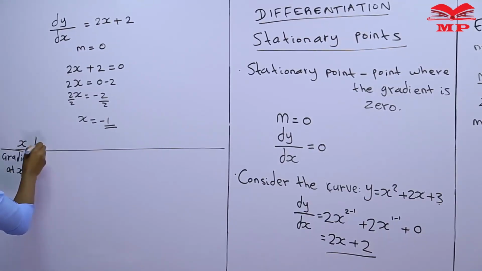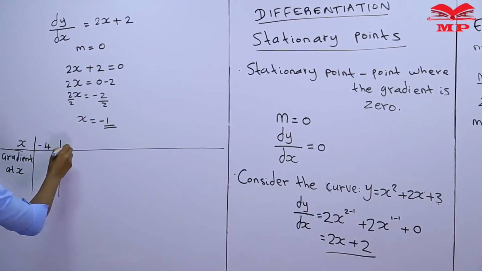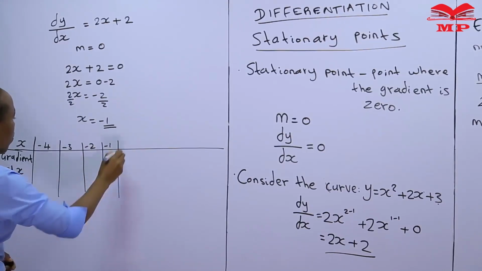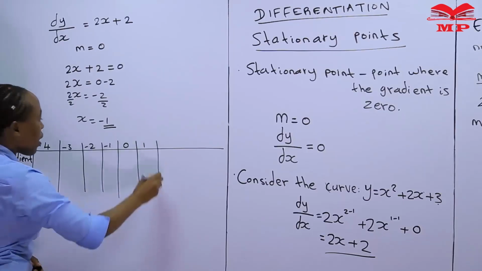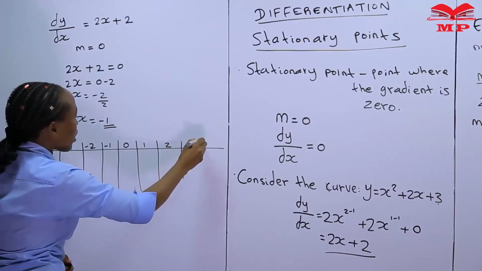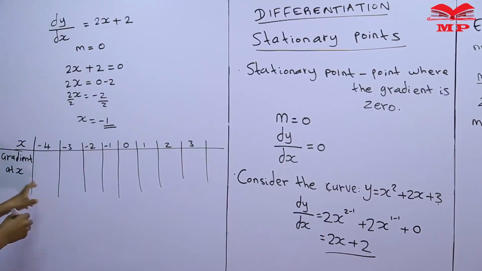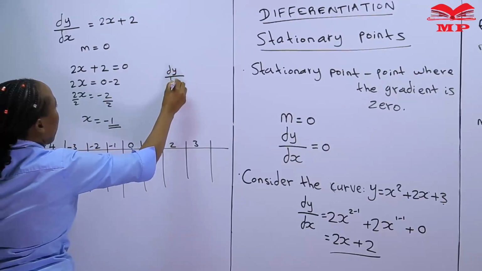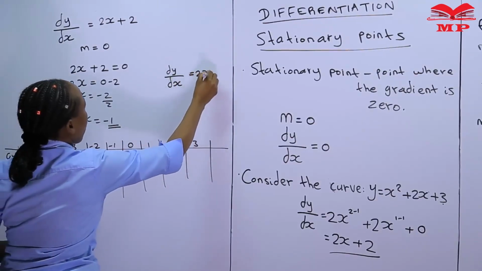We can have points from negative 4, negative 3, negative 2, negative 1, 0, 1, 2, 3. We can get up to 3. So we want to get the gradient at x, and our gradient function dy over dx is equal to 2x plus 2.